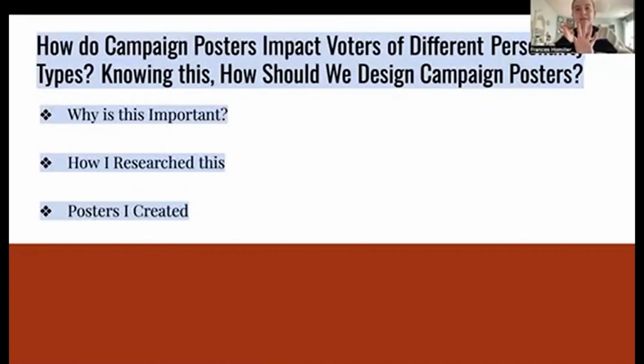I created 5 campaign posters representing what each personality trait would be most attracted to: conscientiousness, neuroticism, openness, extroversion, and agreeableness. And then I created a 6th poster that was kind of supposed to be a happy medium between all of them and be the one that attracted the most out of everybody.